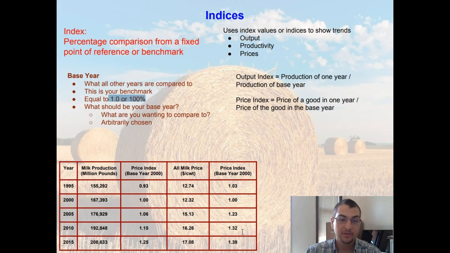By 2010, it had increased by 32%, so an 8 or 9% increase over the year 2005. And going from 2010 to 2015, it increased by another 7%. So we can look at this and say the price of milk took a dip between 1995 and 2000, but overall is trending upwards. So now we can use these indices to show trends in the agricultural world.